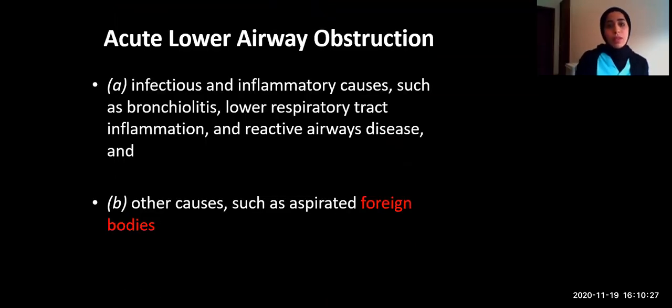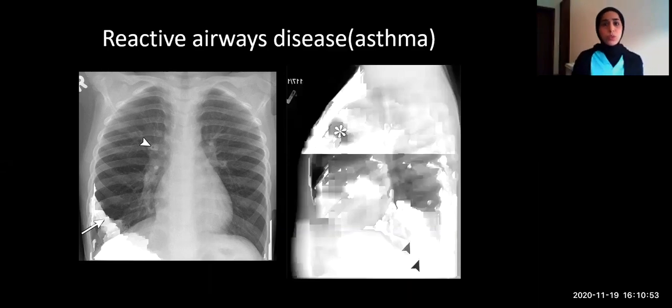So I will be talking about acute lower airway obstruction as we finished the upper airway obstruction. Lower airway obstruction falls mainly under two categories: infectious or inflammatory, or an aspirated foreign body which lodged inferiorly. We'll move to the first category, which is reactive airway disease.